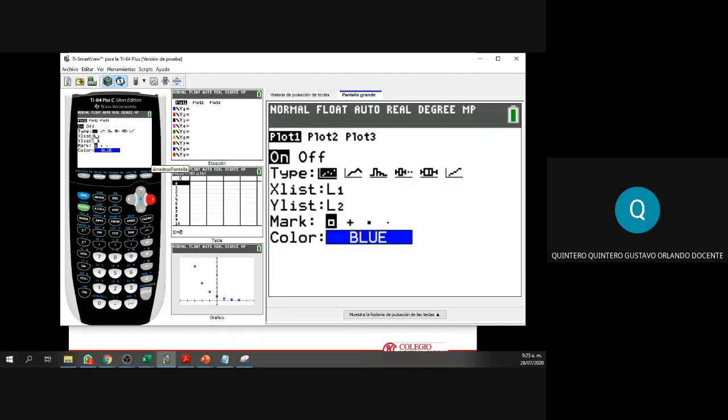And you are most likely going to have yours as off, right? So what you do is you press on. You make sure that your plots are on. Now, after you're done with that, make sure that you have the correct type of function. Look, we can have a scatter plot.